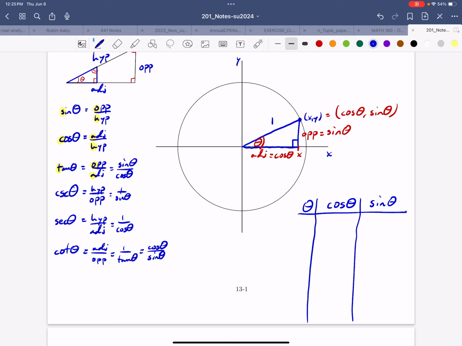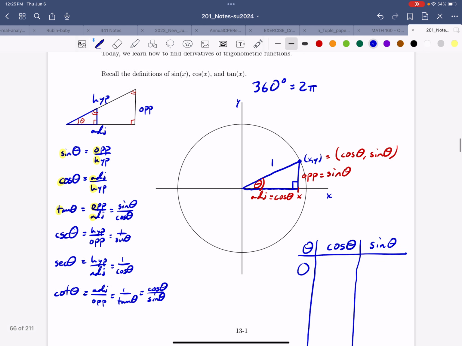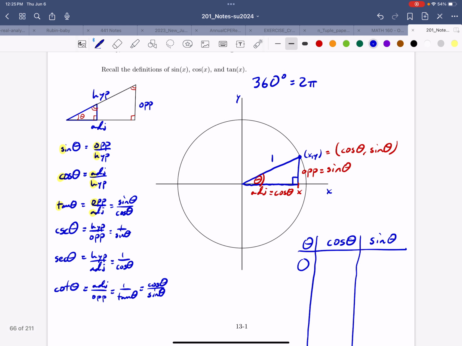Okay? So first off, theta equals 0 radians. Now, if we think about it, how do we know the radians to degrees ratio? Well, you can just think about it as 1 degree equals pi over 180 radians, right?